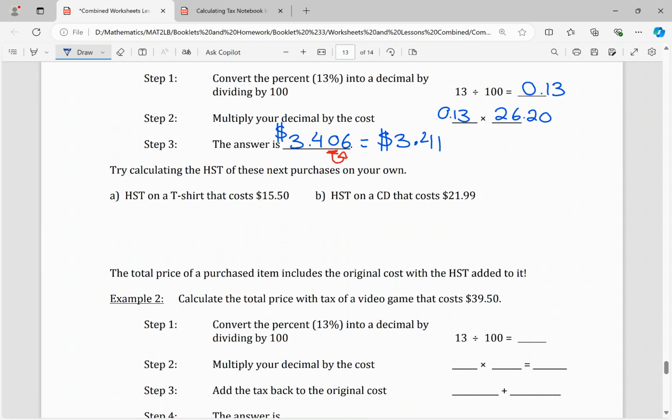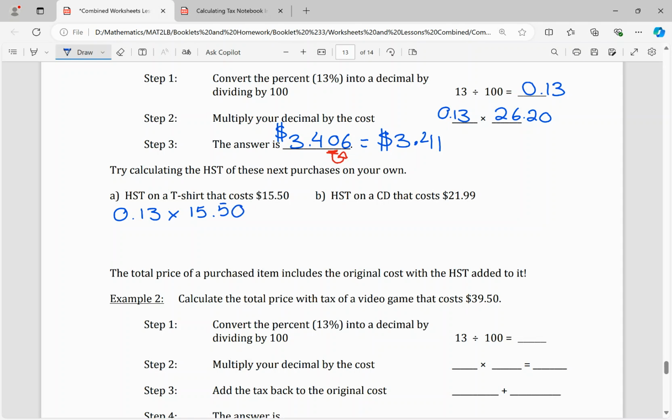At this point, we know that our percentage needs to be in decimal form. I'm not going to keep showing that math. I'm just going to write 0.13 times 15.50.